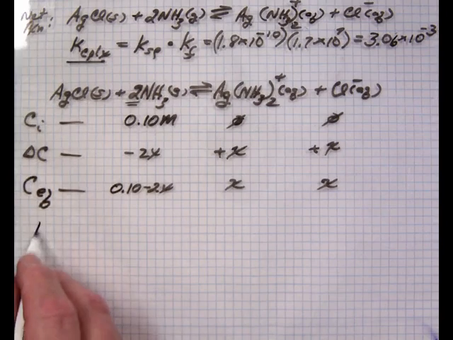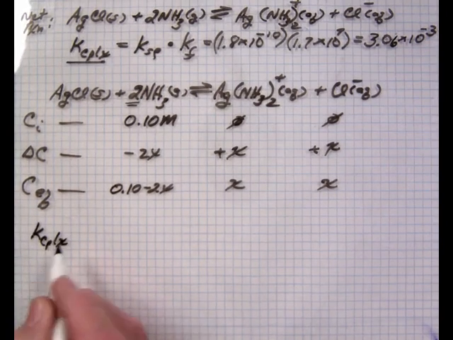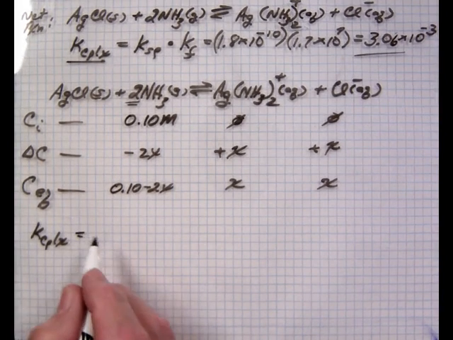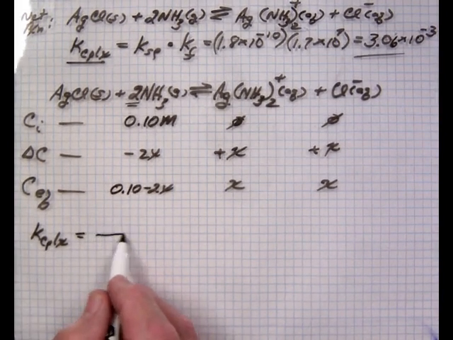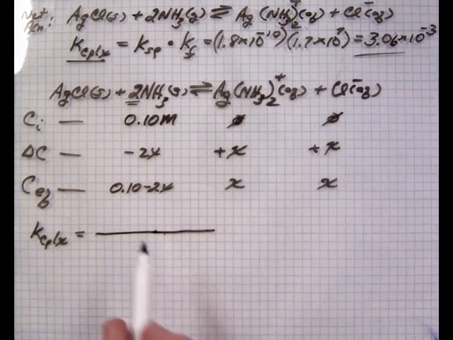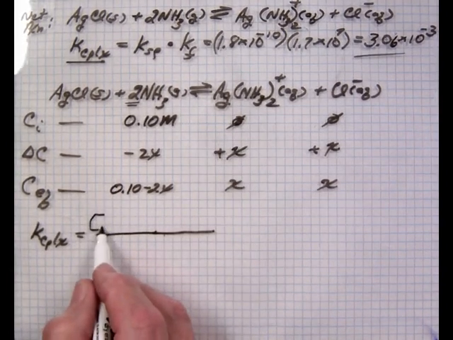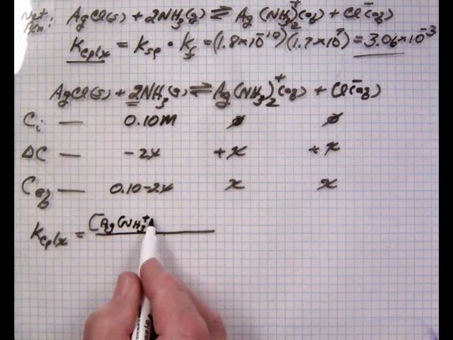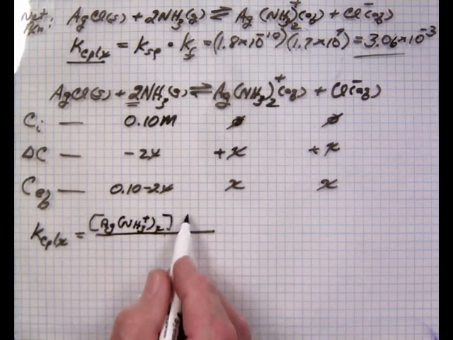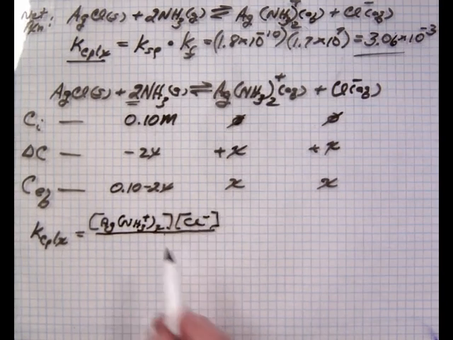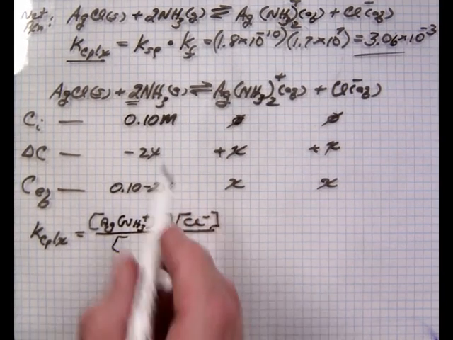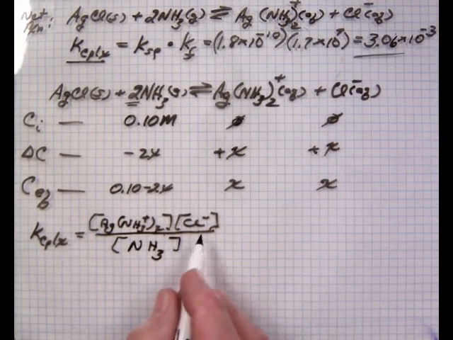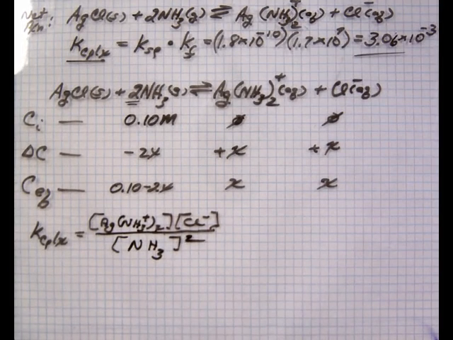And the K complex, which we calculated earlier, is 3.06 times 10 to the minus 3. And I'll go ahead and write the expression. So it's products, silver amine complex times the chloride, they're all in water, and divided by the NH3 concentration squared.